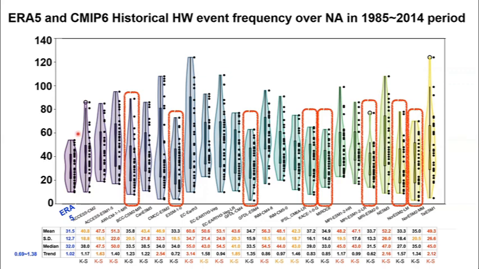So you will find that only probably one third of the models have a reasonable result, and there are many models that actually overproduce this. Okay, the models certainly have some bias, even though this particular index uses percentiles, which may reduce some of the requirement for accuracy of the model projection.